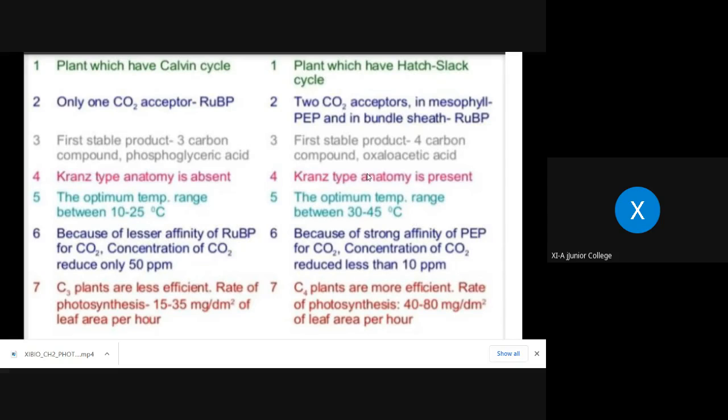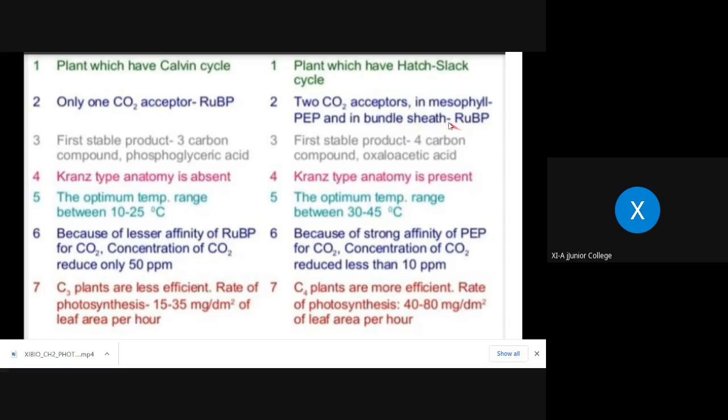In C3 plants, only one CO2 acceptor, RuBP, is present. But in C4 plants, there are two CO2 acceptors, as I showed you. One is PEP, present in mesophyll cells, whereas RuBP, as in the C3 pathway, is present in bundle sheath cells.